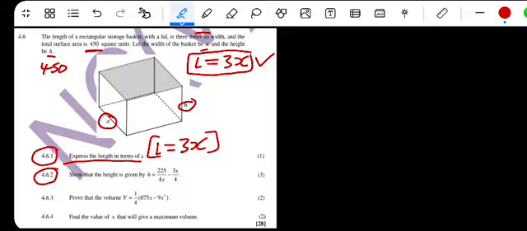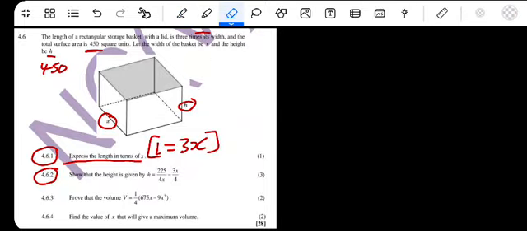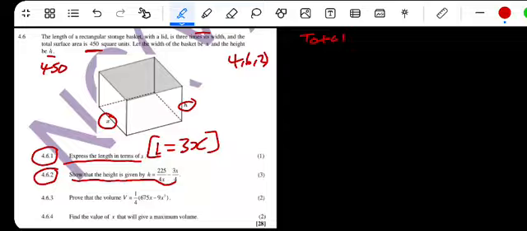4.6.2 says show that the height is given by this formula. We want to show this, so we'll get that height from the total area. Are we together?